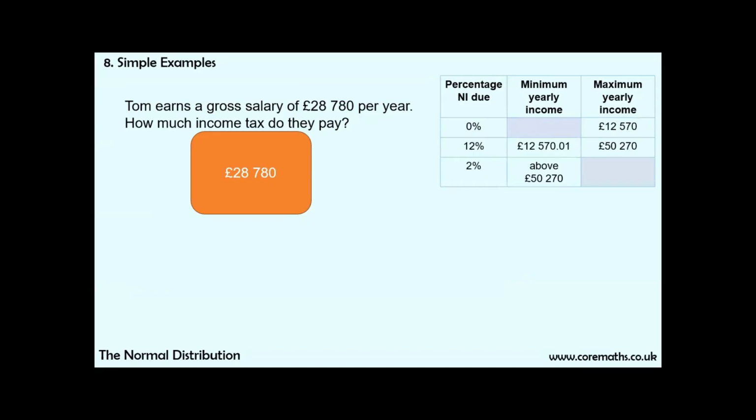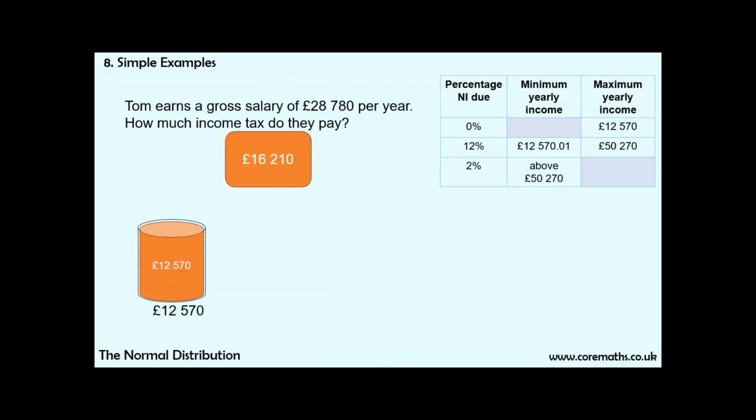Okay, so there's that table. I can't use my income tax tubs, that will confuse you, so I'm going to use my national insurance cylinders. The national insurance cylinders can be filled up. The first one is the 0% one that's got 12,570 capacity. Tom's obviously got more than that, so Tom's going to fill that one up, and we'll have quite a lot left over, 16,210.